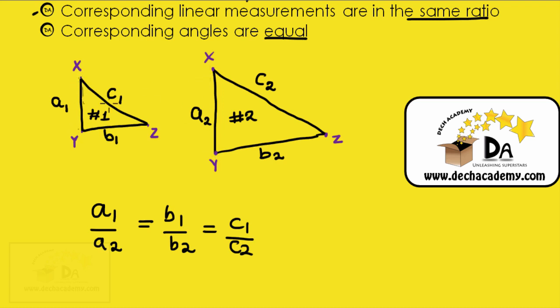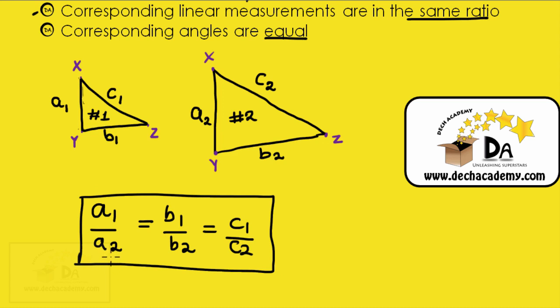XY and XY here are corresponding, XZ and XZ here are corresponding sides, YZ here and side YZ in triangle 2 are corresponding sides. You can see that the triangles are oriented the same way. If the ratio of the lengths of the sides of the triangles is such that this equation holds, then the first condition for similarity has been met.